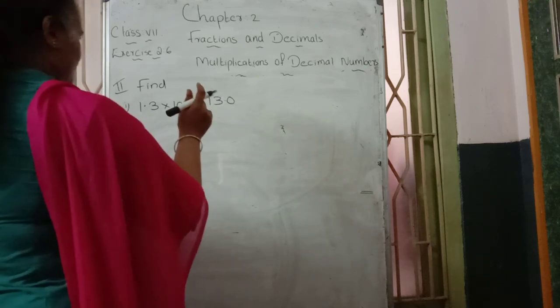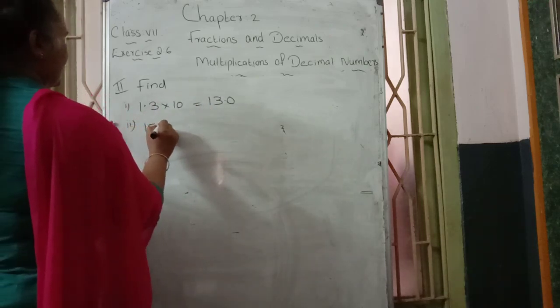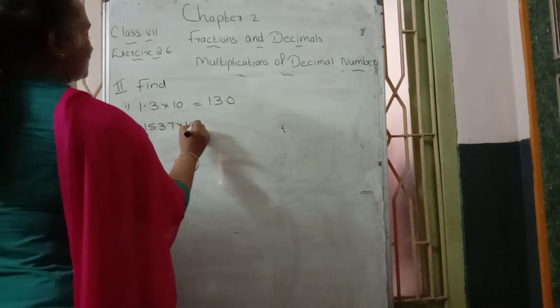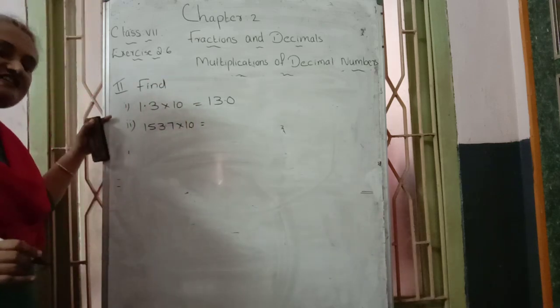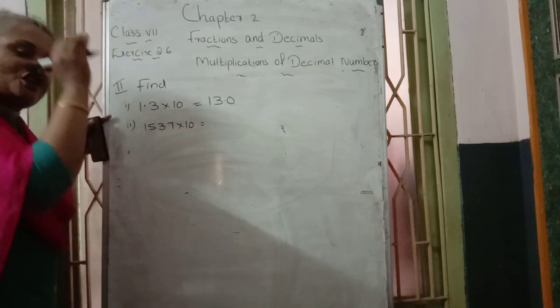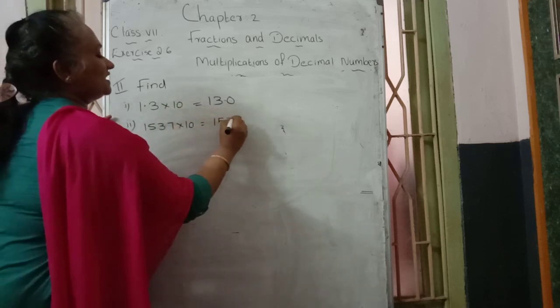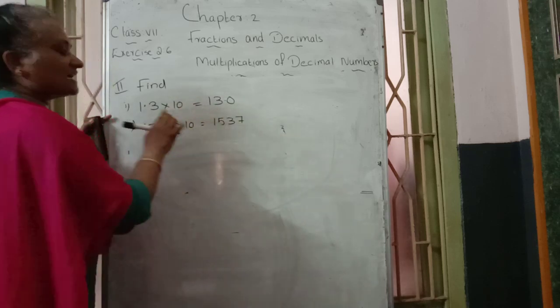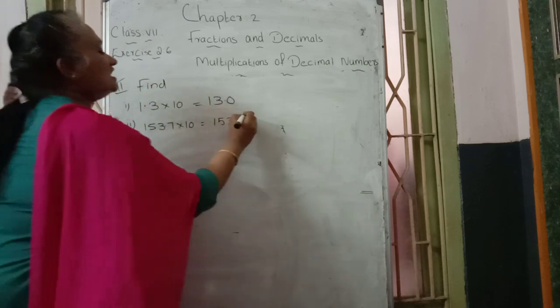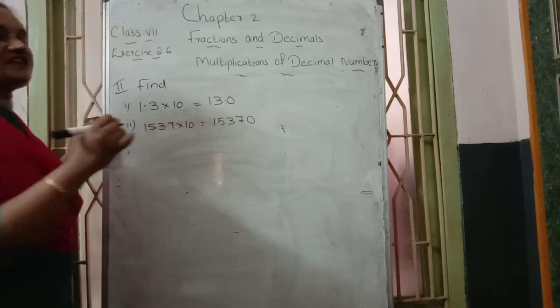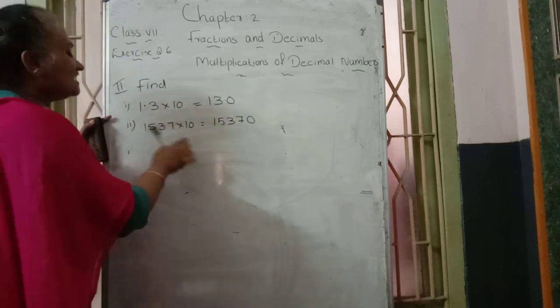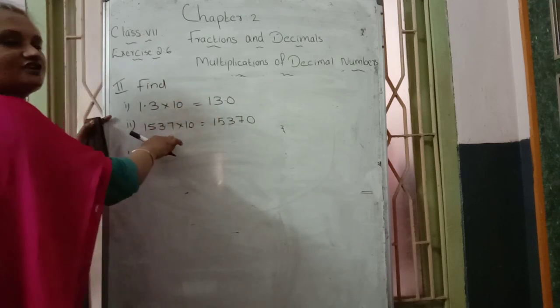Next question: 153.7 into 10, we want to multiply. So what is the easy method? Write the same number without the decimal point, and 10 carries how many zeros? One zero. That one zero keep on the right side of the answer place. Then again look at the question.